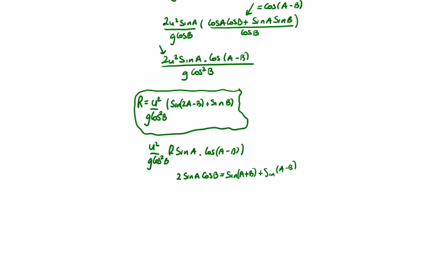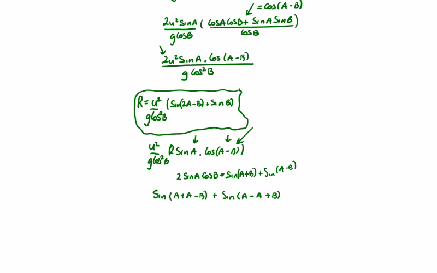So if we imagine A is equal to a and B is equal to a minus b, then 2 sin A cos B is going to be the sine of A plus B, which is the sine of a plus a minus b, plus the sine of A minus B, so plus the sine of a minus a plus b.